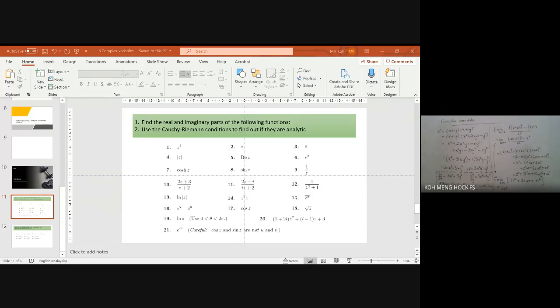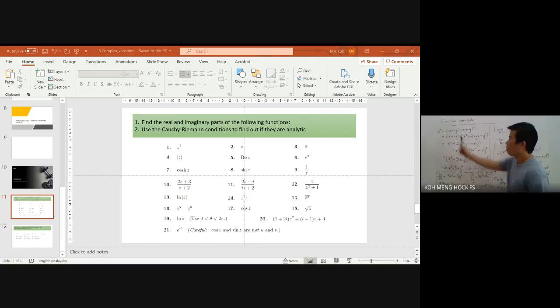Okay, so let's look at the left-hand side. I asked to find the real and imaginary parts of z to the power of 3. This is the usual thing: you just expand it and you get this answer. We have x to the power of 3 minus 3xy squared. So this is my u.